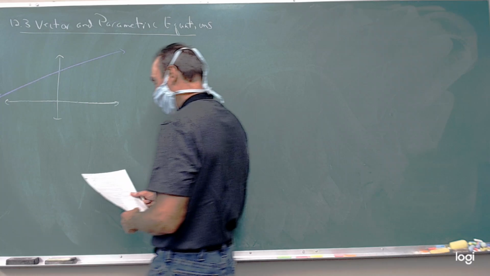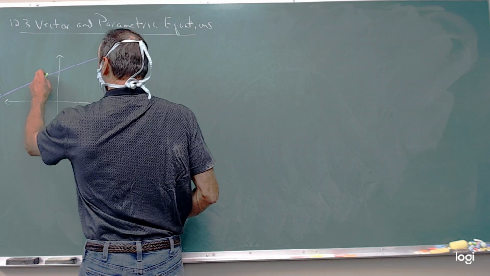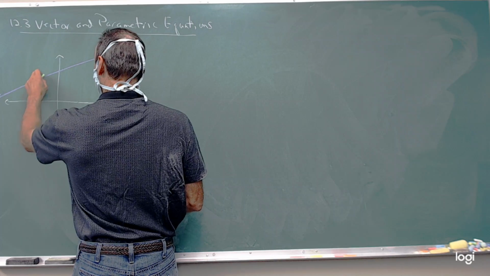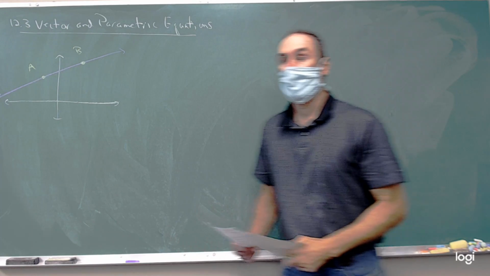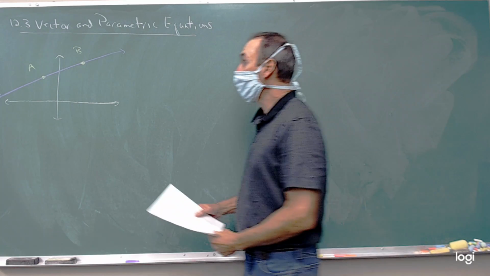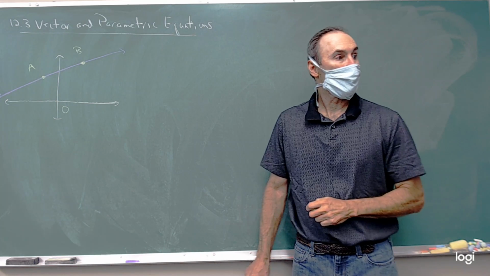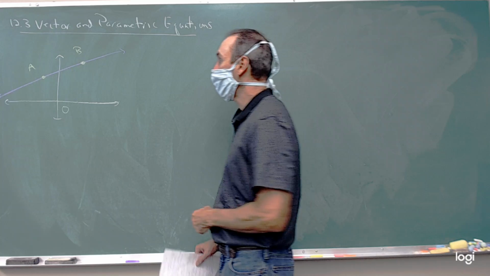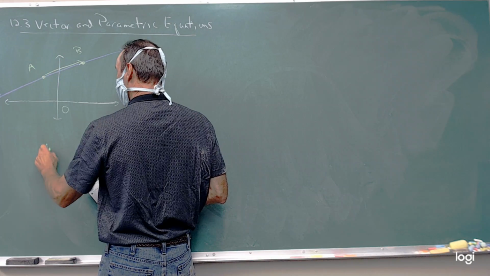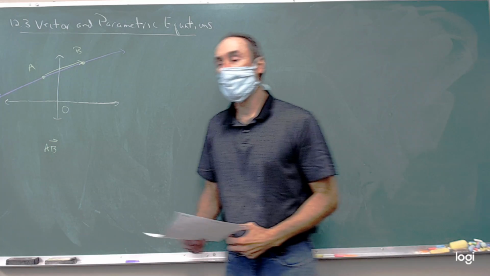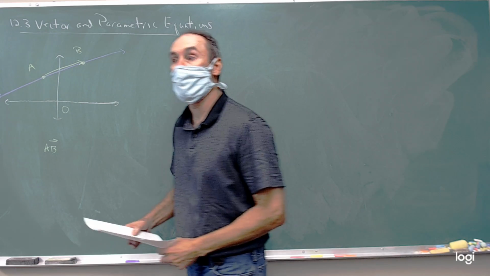So if we imagine that there is a point on this line, say at A, and another point on this line at B, then in terms of vectors, we'll always call the origin O. That's kind of our default there. So we'll name the origin as the letter O. And so if we imagine, here's a vector AB that is pointing in the direction of that line.